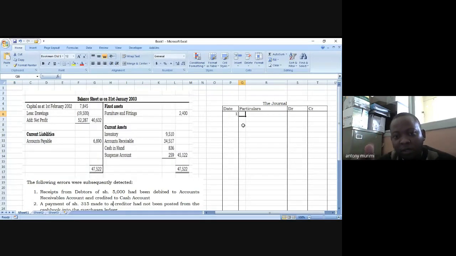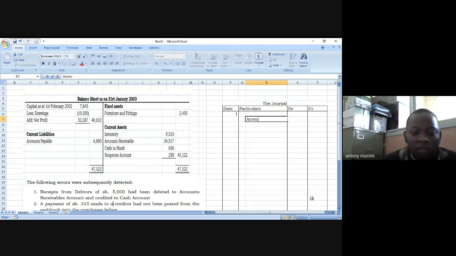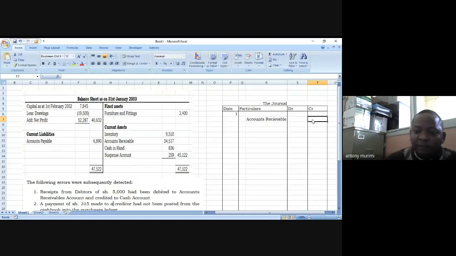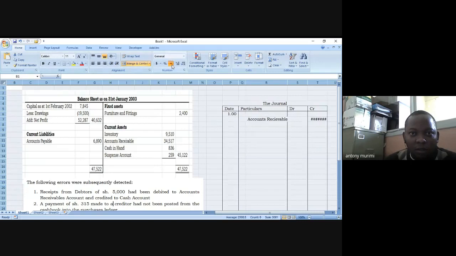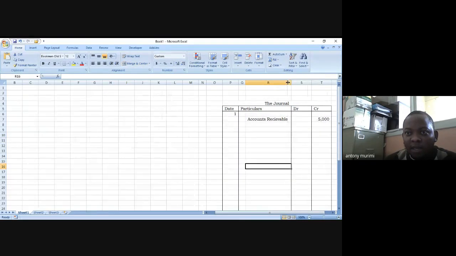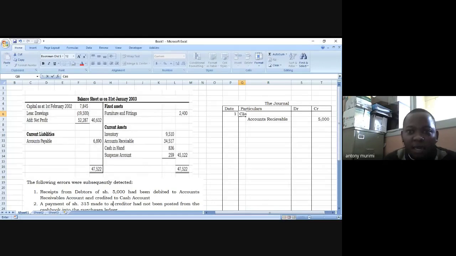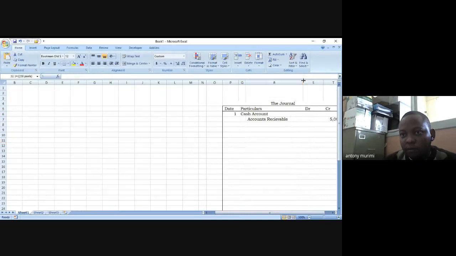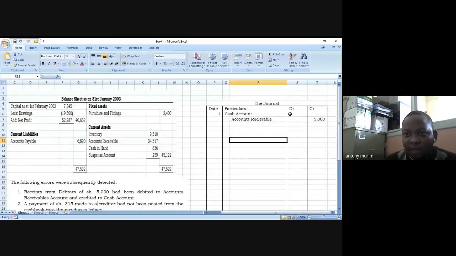So we reverse that. To reverse the debit in the accounts receivable, in the journal we credit accounts receivable, the amount is 5,000. And then debit cash account 5,000.